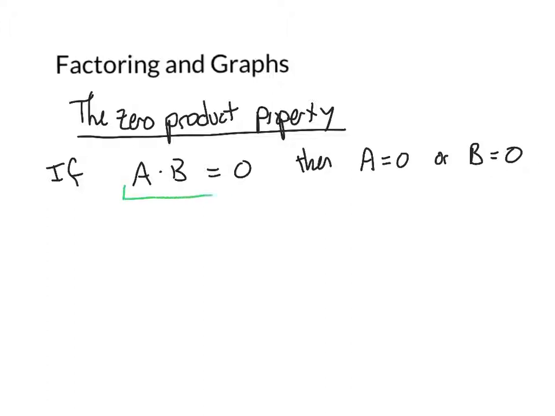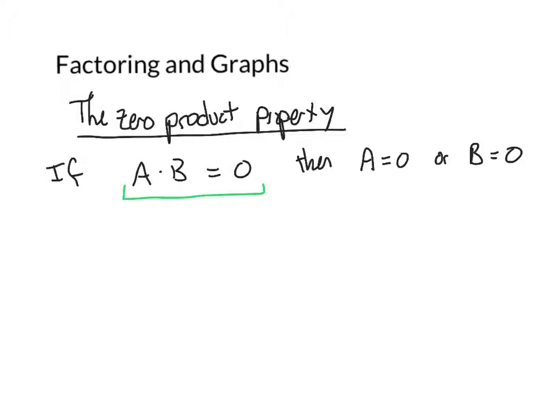Now if we think about this form, a times b, that's what we're doing when we're factoring. We're taking something that's not written as a product and turning it into a product, into multiplication, so this zero product property can apply. This is a very powerful tool for us, and one of the big reasons why we factor.